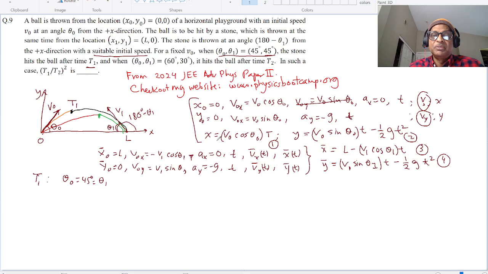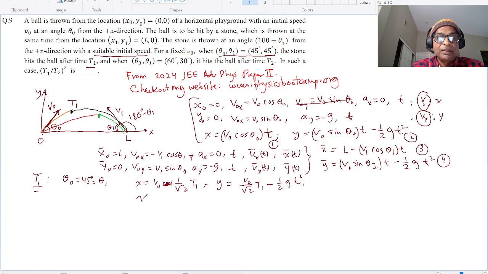So when that's the case, at this time t1, I get x equal to v0 cosine 45 degrees, so it's 1 over square root 2, t1, this is t, and y at this time I get is v0 over square root 2 t1 minus half g t1 square.